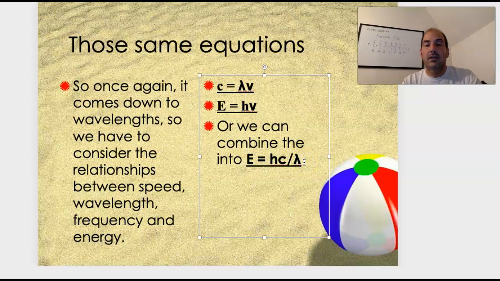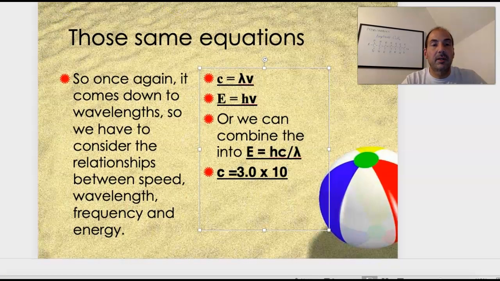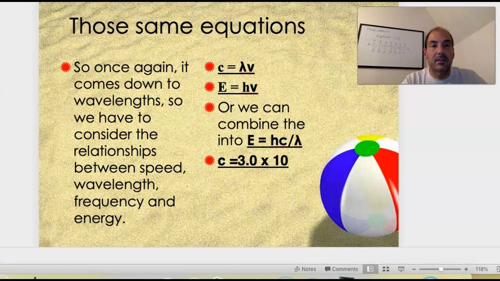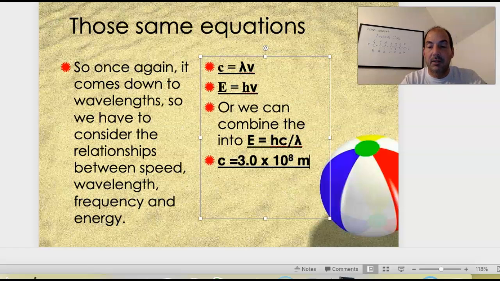And just in case you don't remember, c is the speed of light, which is 3 times 10 to the 8th meters per second.